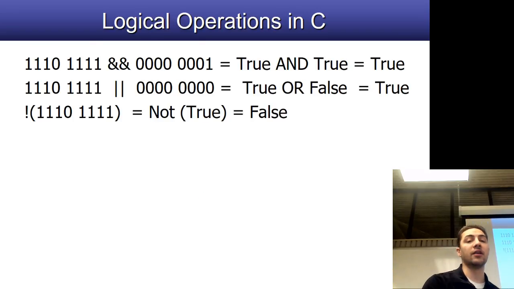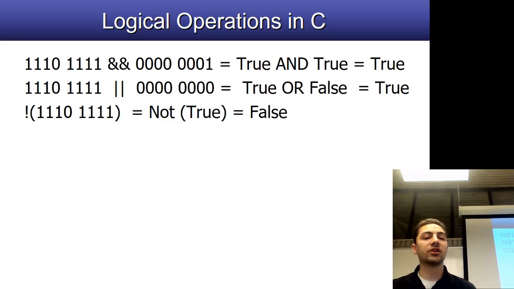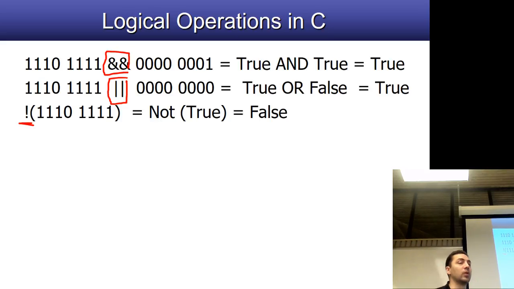Brief reminder of masking, right? Logical operators are double ampersands, double bars, and the exclamation point. That is not what we're doing here. Logical takes the entire item and decides if it's true or false. 0 is false.